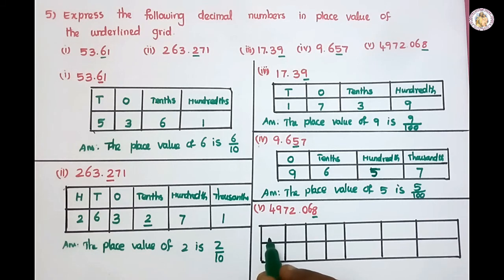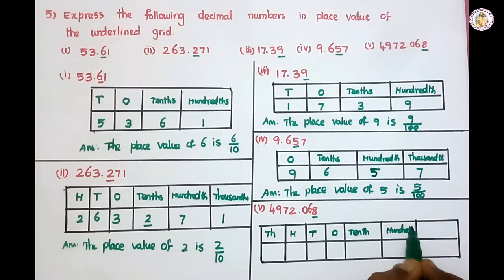Next, fifth one, 4972.068. So ones, tens, hundreds, thousands. Thousands, hundreds, tens, ones. Here tenths, hundredths, thousandths.